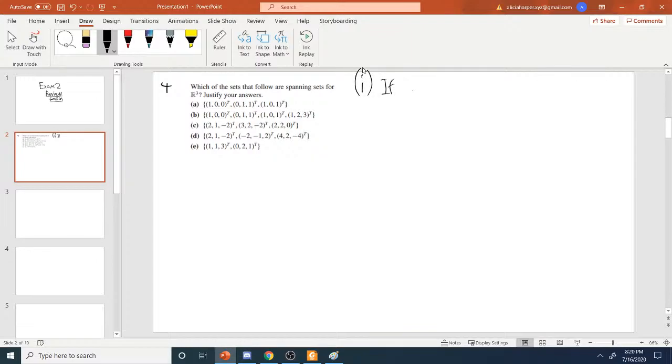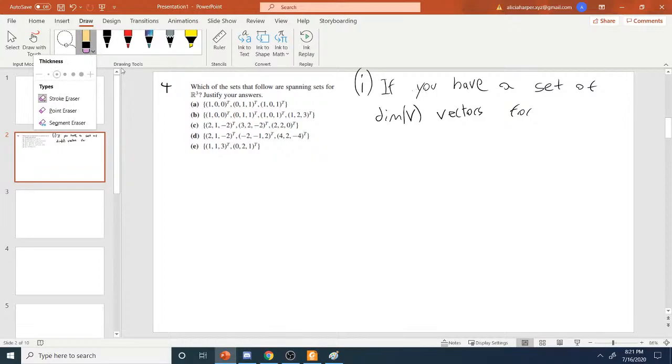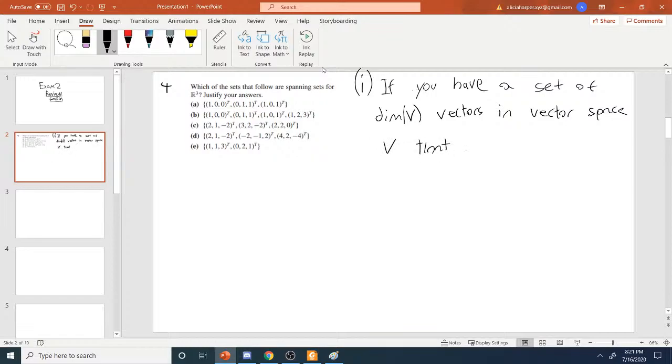If you have a set of dim V vectors in a vector space V that are linearly independent, then they form a basis for V, and thus span V.